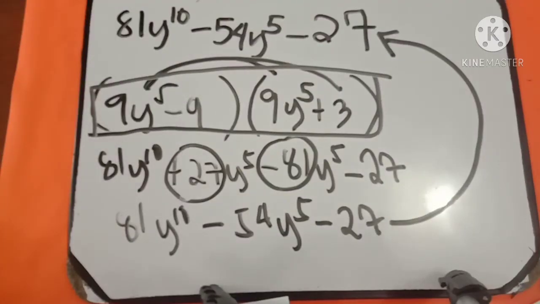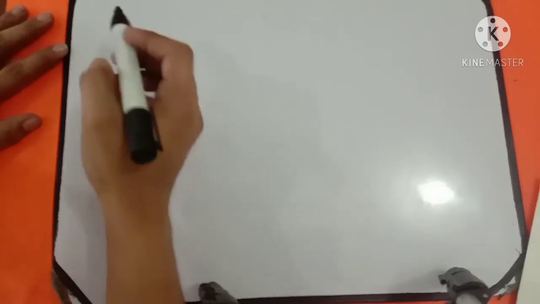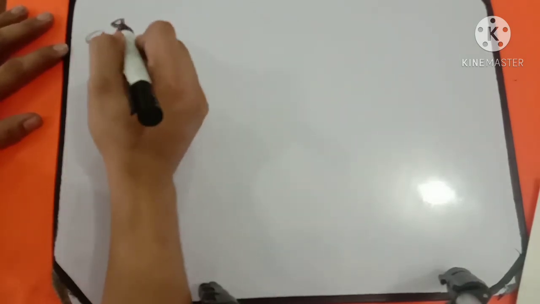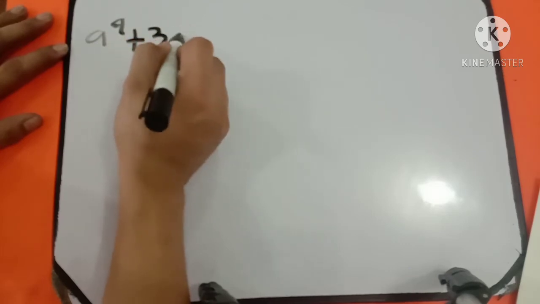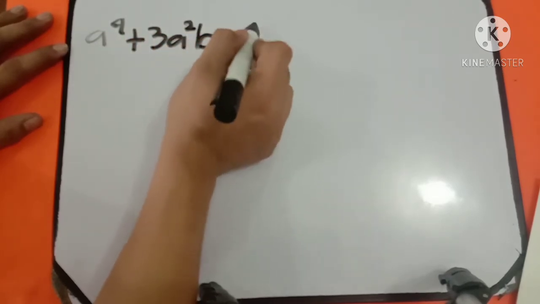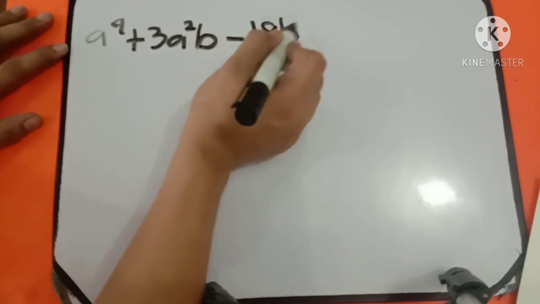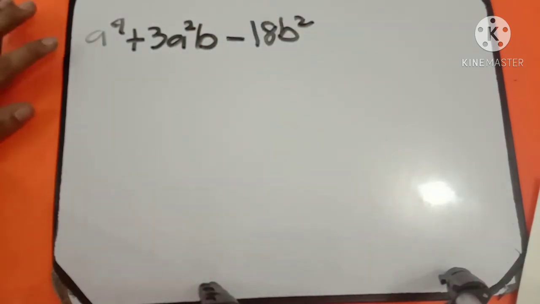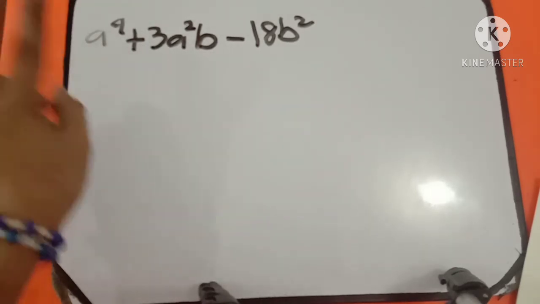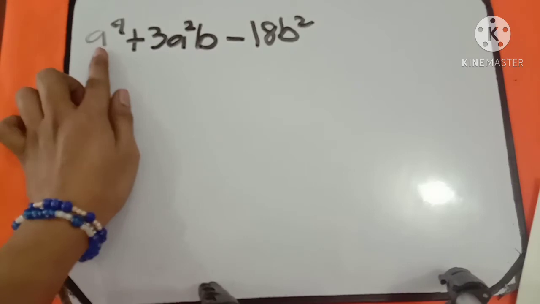Another example. Let's say we have a raised to 4 plus 3a squared b minus 18b squared. By observing the given trinomial, it has two variables, a and b.